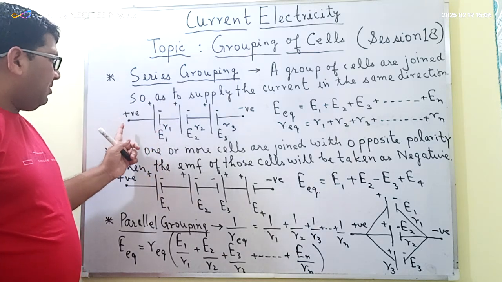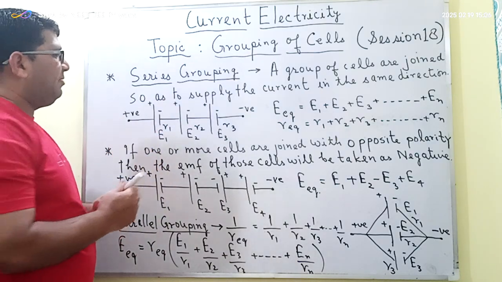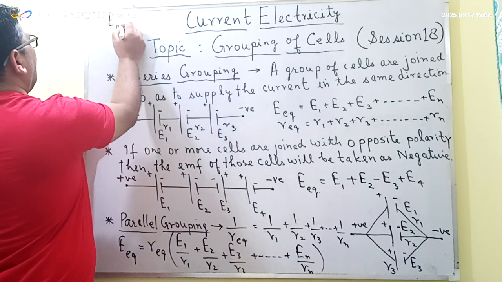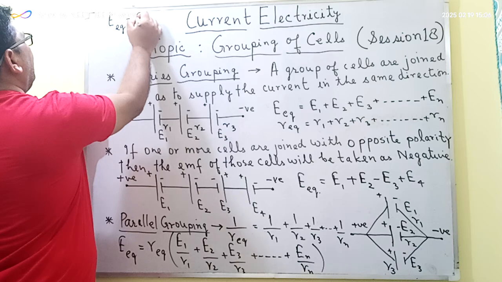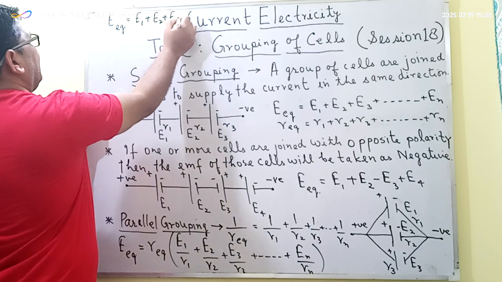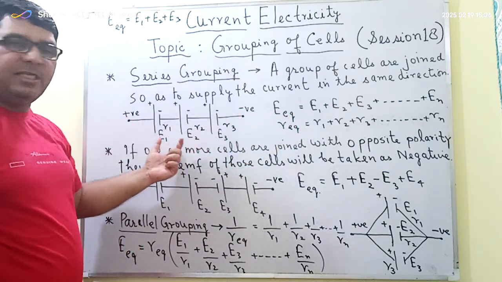So the equivalent EMF of this combination will be equal to E1 plus E2 plus E3. Here E equivalent is the equivalent EMF.